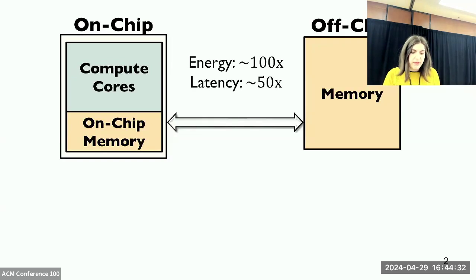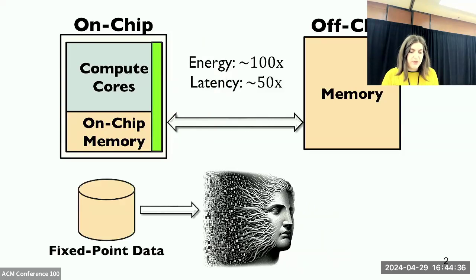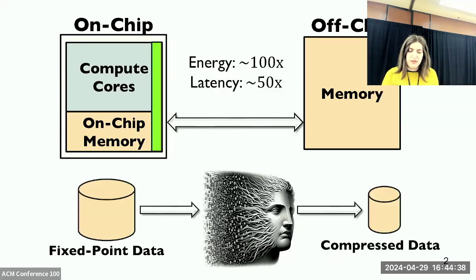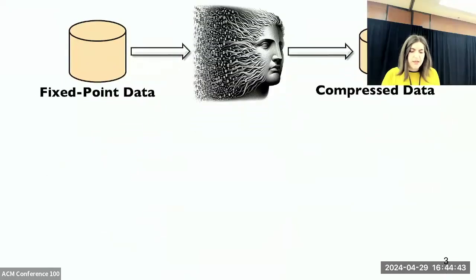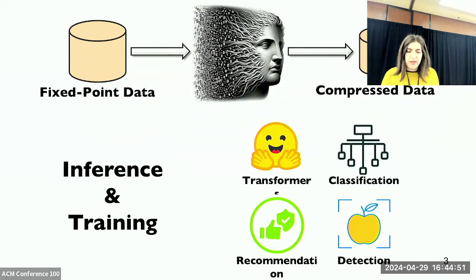Atalanta operates just before the off-chip memory controller, compressing fixed-point data for off-chip storage and transfer, which reduces the associated costs. Atalanta is optimized for machine learning workloads, functioning both for inference and training, and it is evaluated across a wide range of deep learning models, including transformers, image classification, object detection, and recommendation systems.